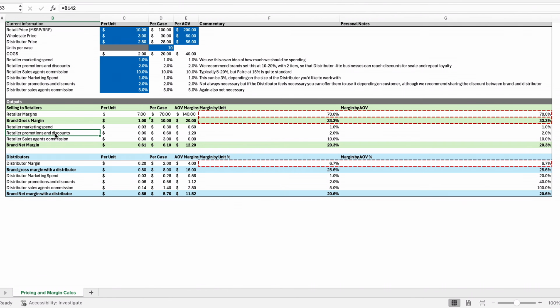We also wanted to put in some more high level requirements. If you've got retailer marketing spend, promotions, discounts, sales agents involved with distributors as well, that is sometimes crucial for some businesses, but you don't really need to worry too much, mostly because you're probably going to be focusing on Faire, but we have also done the work for distributors.